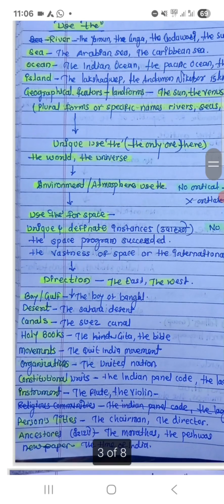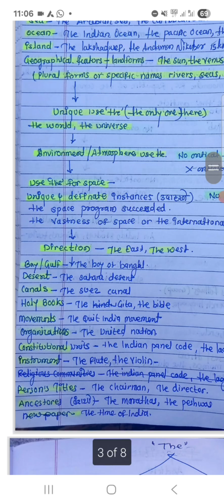The other side, where we use the: before unique and definite instances, for example. Instances, unique and definite instances. The space program succeeded. That means the space program, it's a definite thing that happened, the program succeeded. It happened in the past, so use the there.